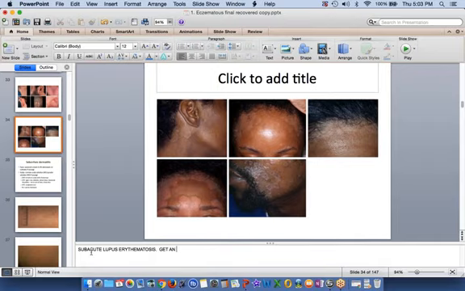Get an ANA to cover yourself because you need to start doubting yourself. Okay? So subacute lupus erythematosus, systemic lupus erythematosus can look like a form of seborrheic dermatitis.